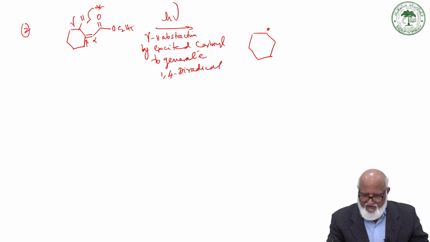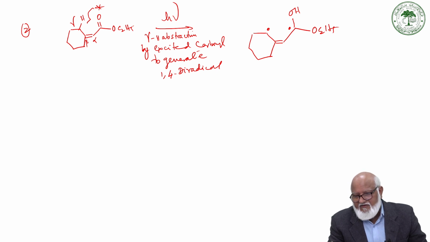You have a radical here, we have the double bond here, and of course an OH after abstraction of the hydrogen atom, and OEt. Now this is a diradical.